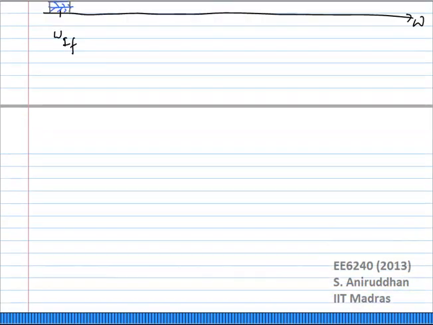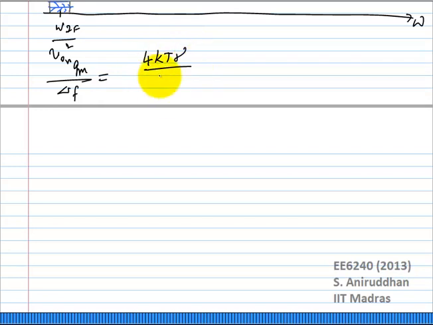So let us write that down. I'll say VON squared from the GM stage by delta F. This is the spectral density. I'll first take IN, which is IN squared, which is 4kT gamma by GM.